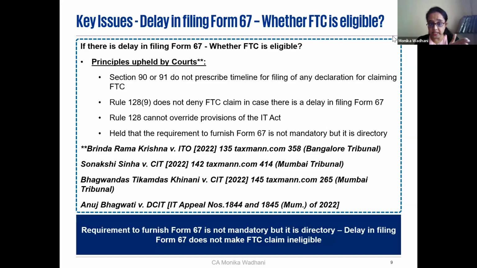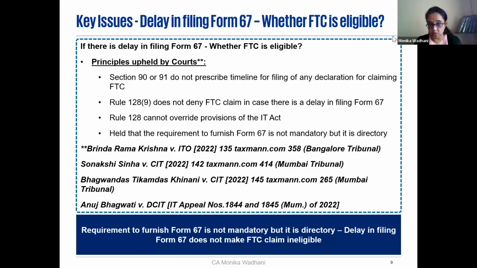In that case, if there is a delay and Form 67 is filed during the assessment proceedings, because of the delay in Form 67, can you say that FTC is no longer eligible? Is there any condition prescribed under Section 90 or Section 91 that if you do not file Form 67 by a certain date, relief shall be taken away?